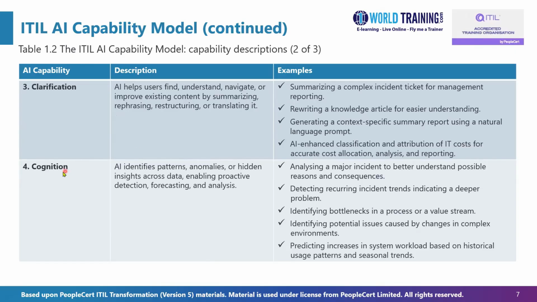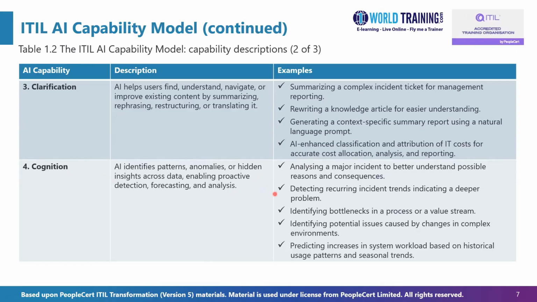Then we have cognition, which is a lot more intense application of AI, wherein AI identifies the patterns, anomalies, hidden insights across data, enabling proactive detection, forecasting, and analysis. This is where AI can be very useful. Coming closer to human thinking, such as analyzing a major incident to better understand possible reasons and consequences, which is problem management.